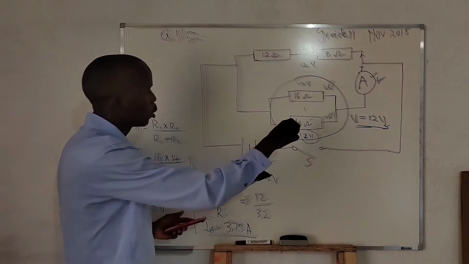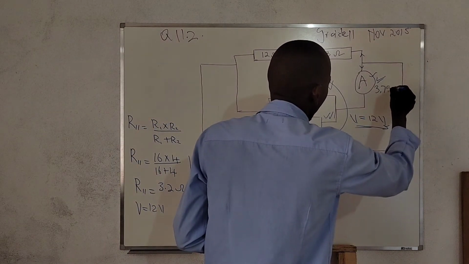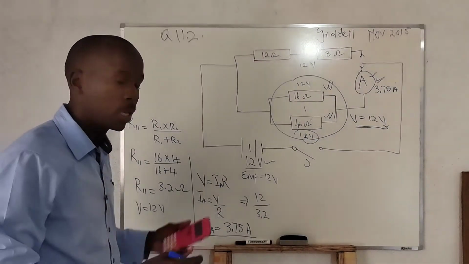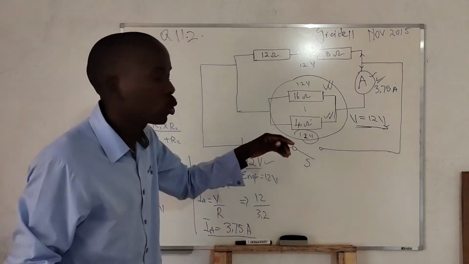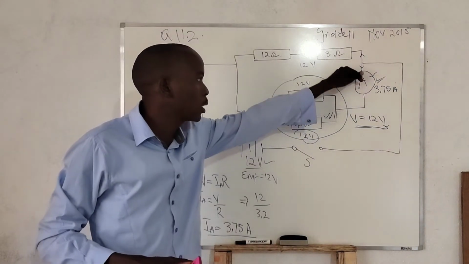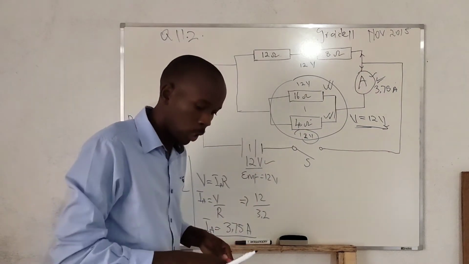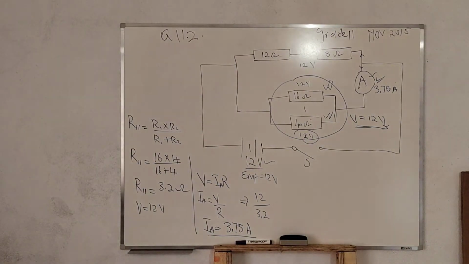So that's the reading on this ammeter. It will read 3.75 amperes. But note that this is the current passing through this section only, not the total current in the circuit. So that was the second question from this circuit diagram.